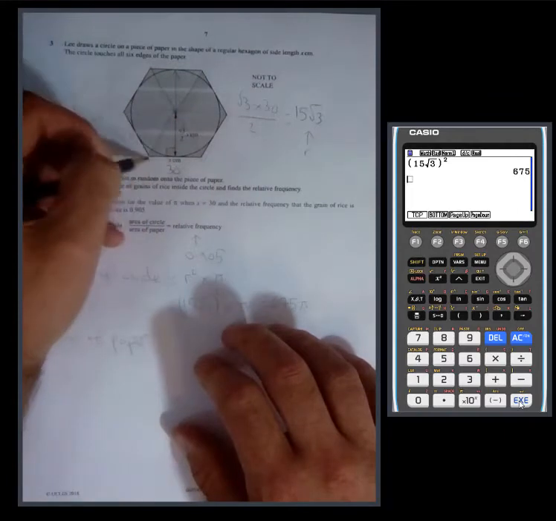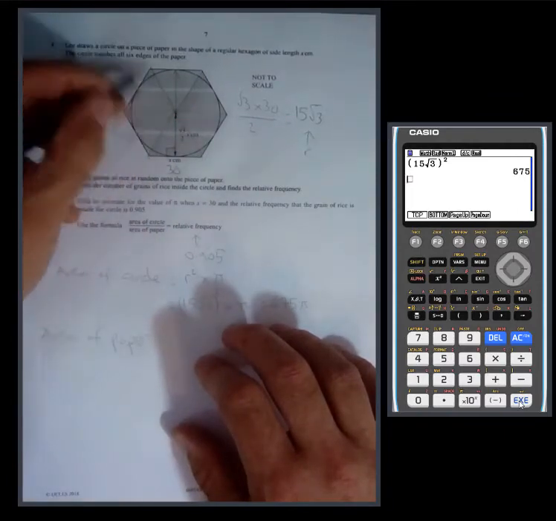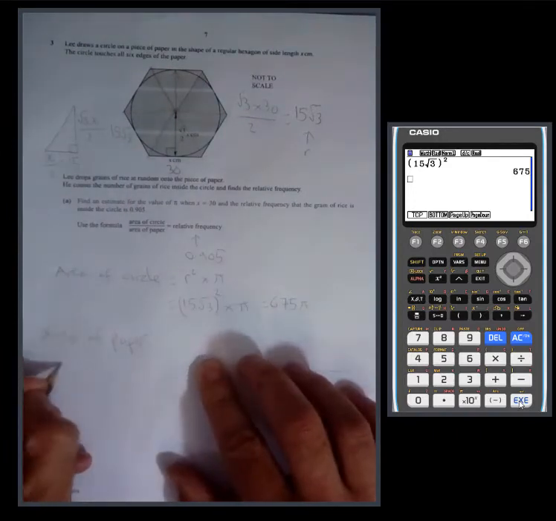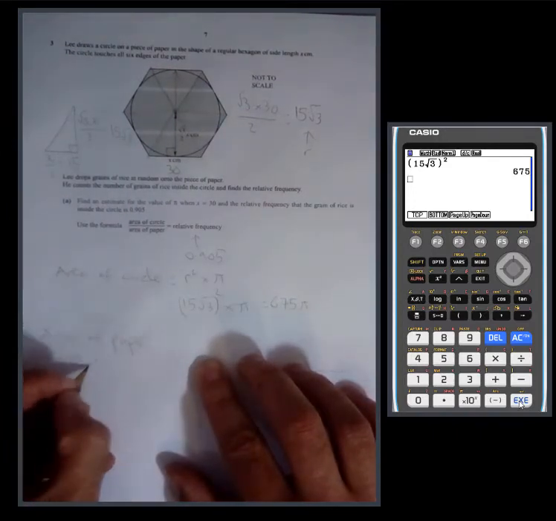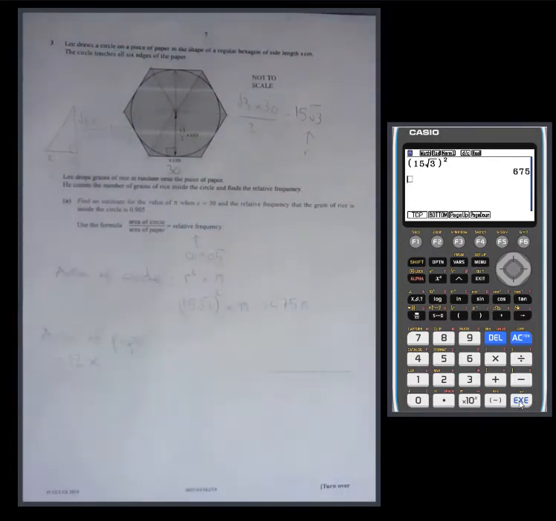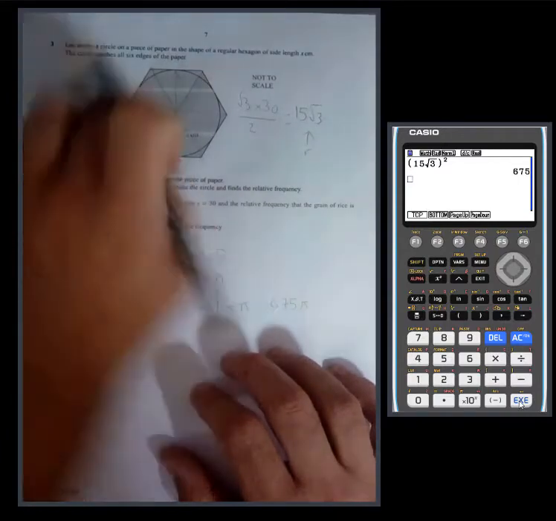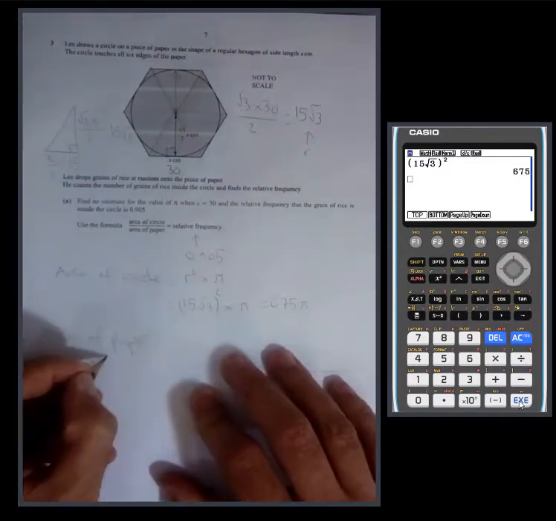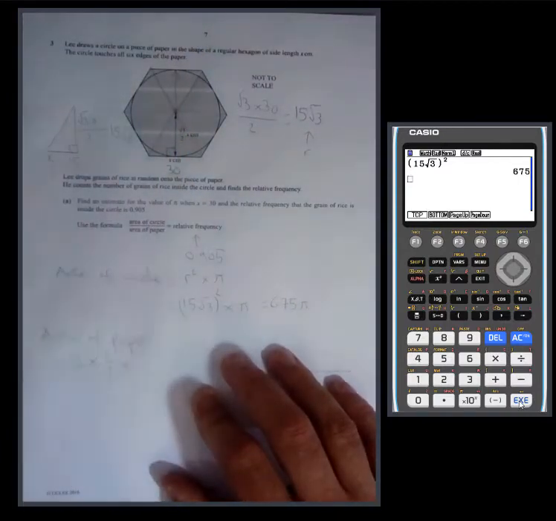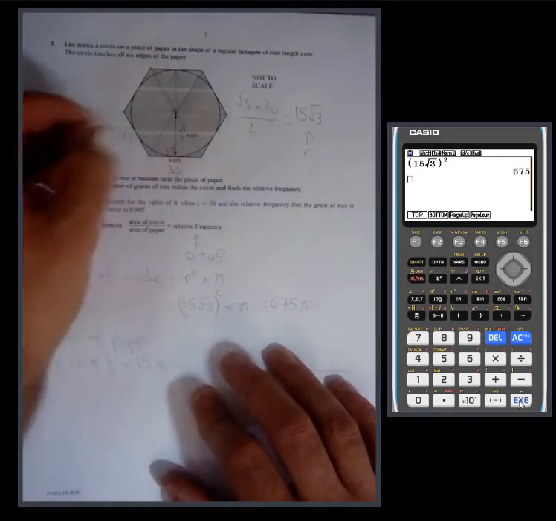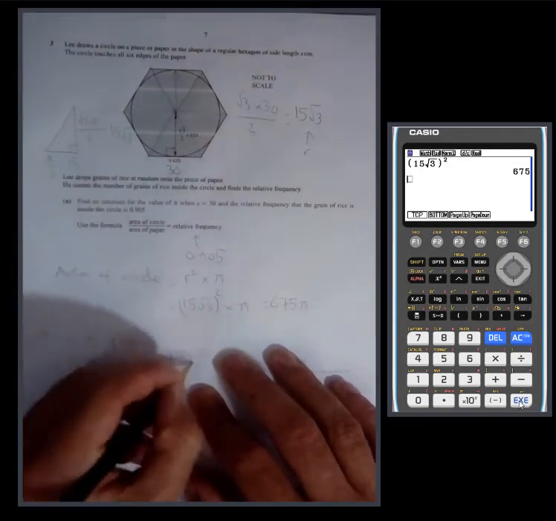There would be 6 of these big triangles, so this triangle's half of that is going to be 12 triangles. So it's 12 triangles times the area of one triangle. Remember, it's half times base times height. But because we've got a 90 degrees here, this can be the base and this can be the height. So a half times base is 15 times height, we said was 15 root 3.